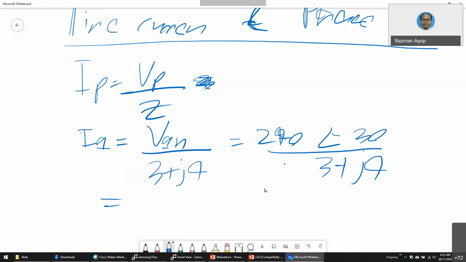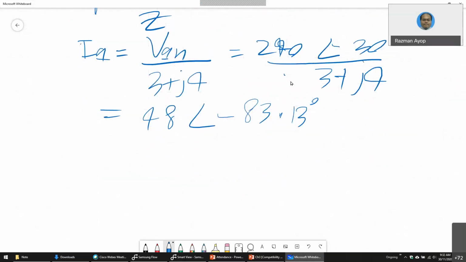When you give the answer, make sure you use polar form. So IA is 48 angle negative 83.13 degrees.